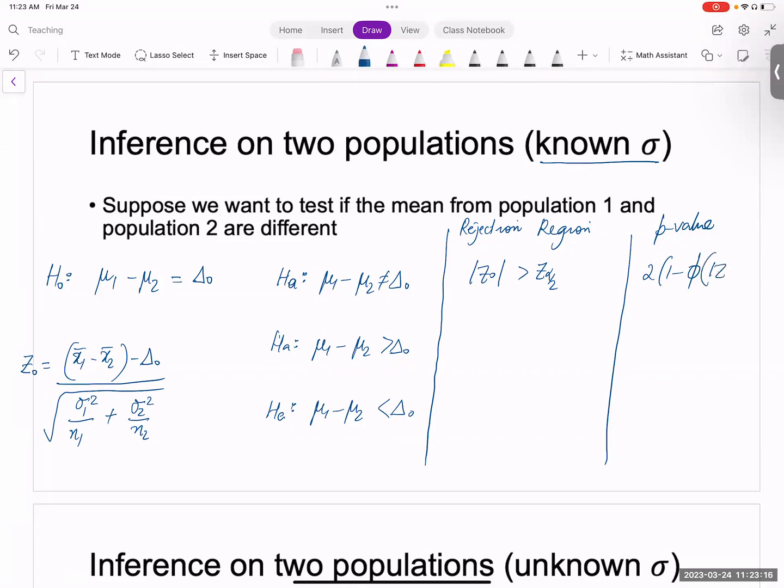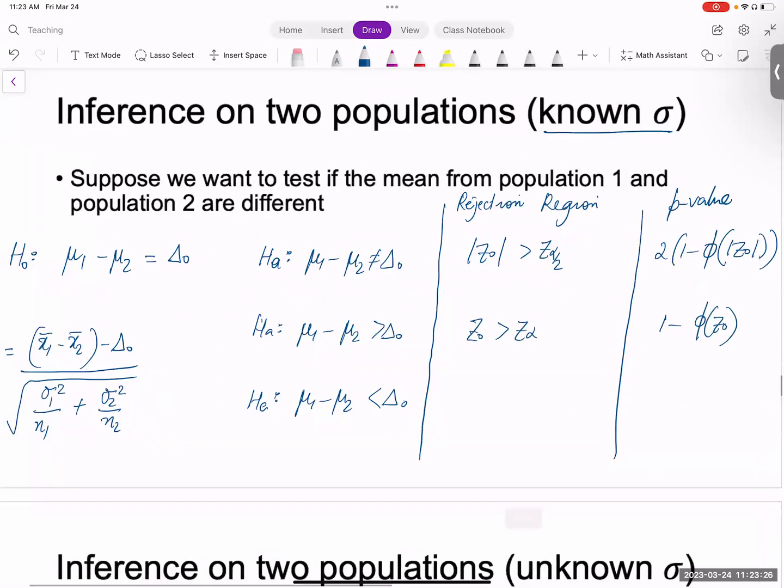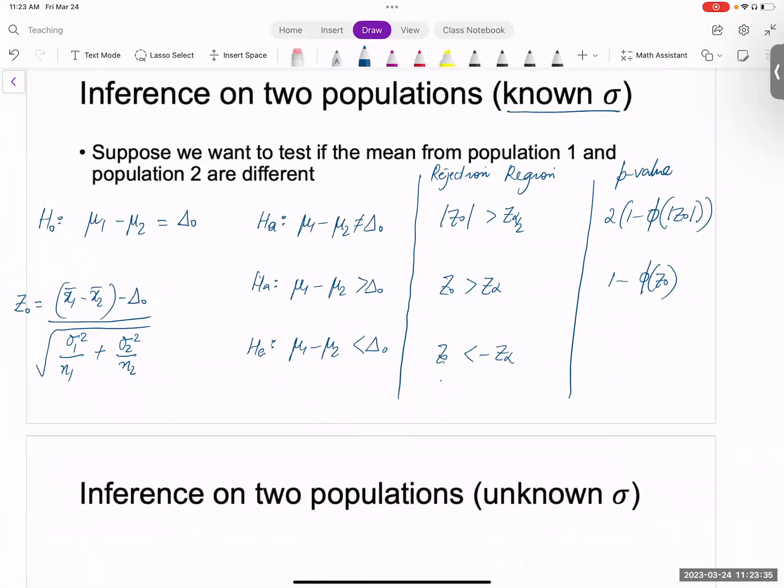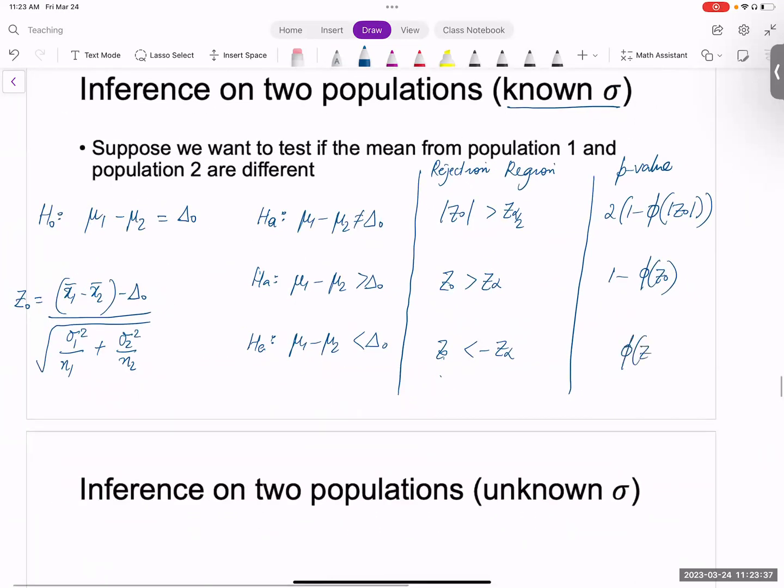Then in the second case, Z0 is greater than Z alpha, and the p-value is 1 minus phi of Z0. And the last one is Z0 less than minus Z alpha, and then your p-value is phi of Z0. All right. So that's pretty much similar to what we did for a z-test, right?